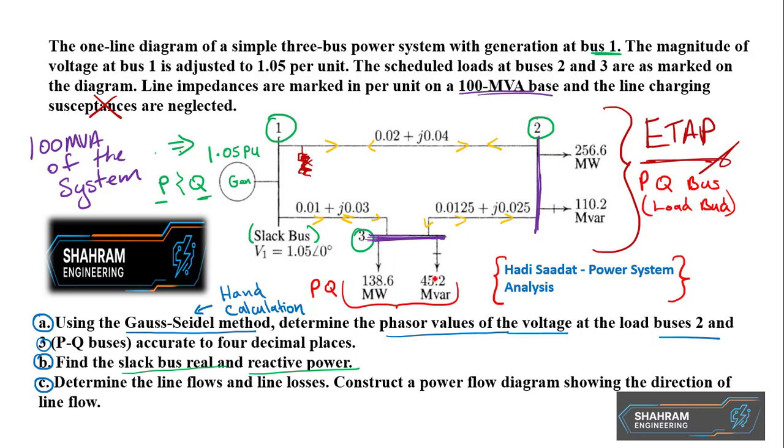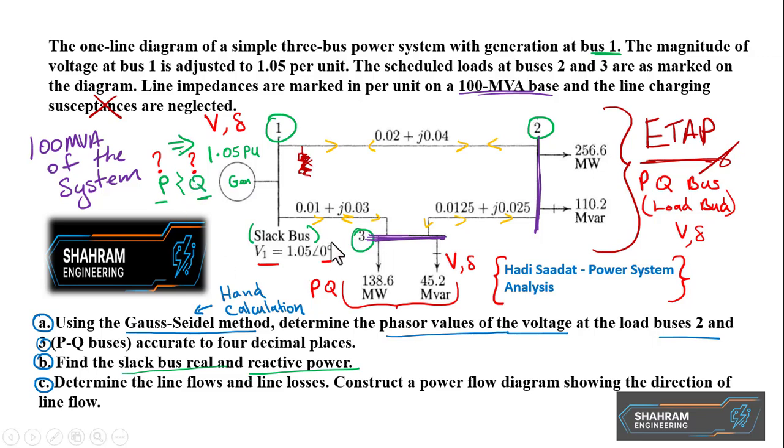And for PQ the missing values are V and delta, and here too we need to find V and delta. And here, because it's the slack bus, V is given of course, and delta is given, so we need to find P and Q. So this is the example.